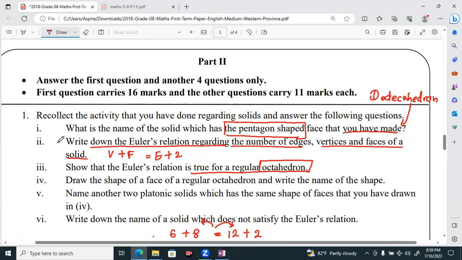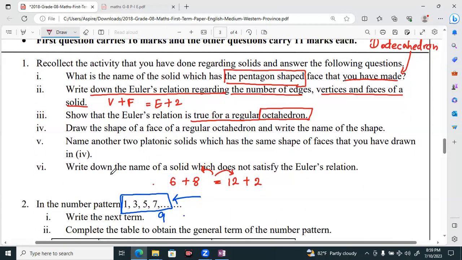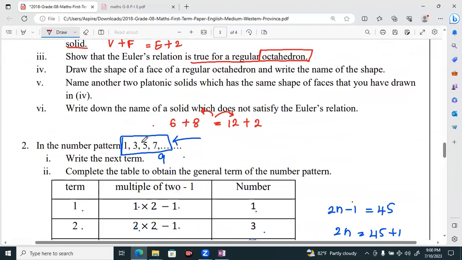Then within these 2-3 days, you can just read the solids lesson and remember all the solid objects, their properties, and also the Euler relationship and what the Platonic solids are. That's what you have to do in the solids lesson.